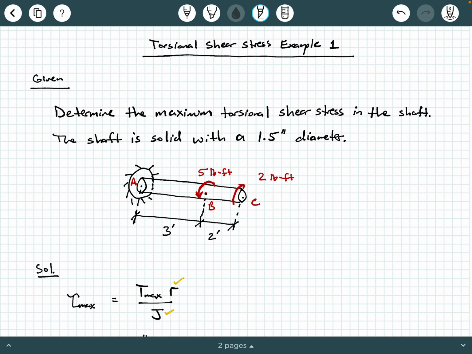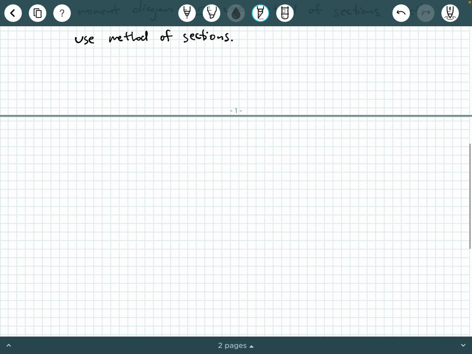So let's go ahead and do that. So let's use method of sections, and we're gonna make our first cut in BC, okay? So if you remember, we make a cut inside of BC, and then when we do method of sections, we need to sketch everything that's on one side of that section. So in my case, I'm going to sketch everything to the right of the cut.